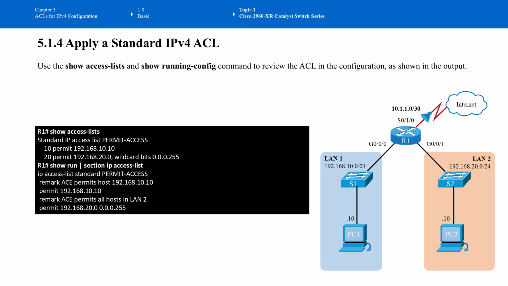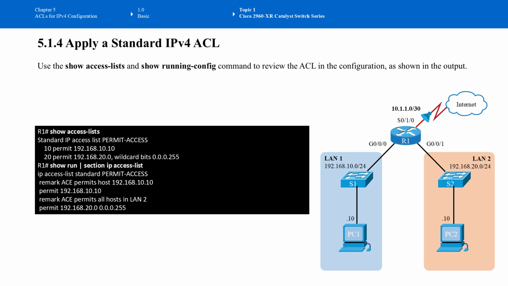It's time to check and review the ACL. We use the show access-lists and also the show running-config commands to do the work. First, in R1, enter the show access-lists command.